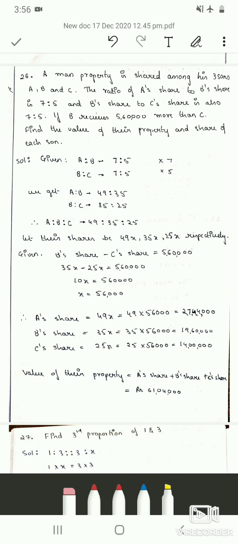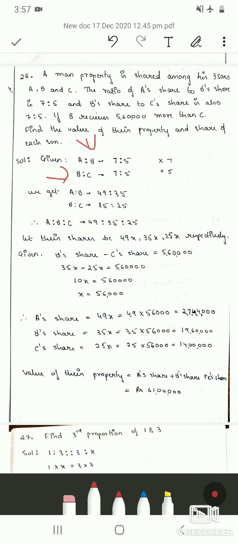If B receives 5,60,000 more than C, find the value of their property and the share of each son. So what they have given is, the ratio of A to B is 7:5, and the ratio of B to C is 7:5. So we can convert this into a continued proportion.